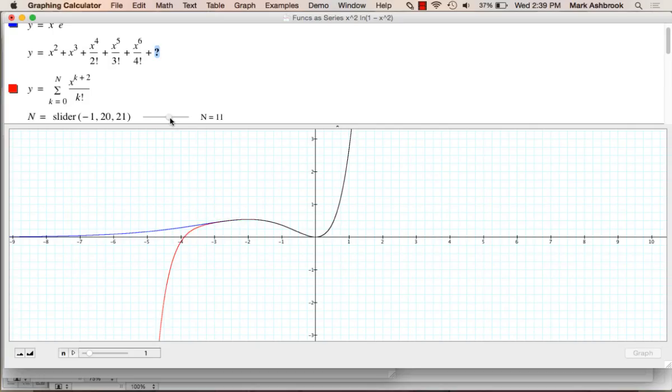The radius is infinity, meaning all you need to do is add enough terms and you'll eventually reproduce e to the x for all x values, not just within a finite interval. So here's n equals 20. It does a good job all the way from like -6 probably to +6. I'm just not showing that. So when you do the first 20 terms, it looks good, pretty close from -6 to +6.